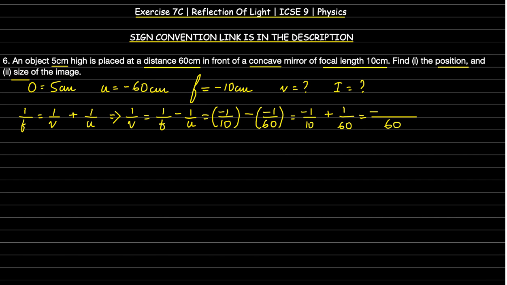So here we get minus 6 plus 1. So we get it as minus 5 divided by 60. So minus 5 by 60 is 5 into 12 times. So here we get minus 1 divided by 12. So we have got 1 by V is equal to minus 1 by 12. Now we can write V is equal to minus 12 centimeters.